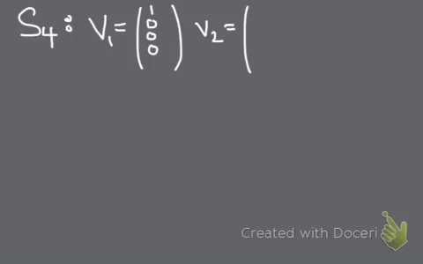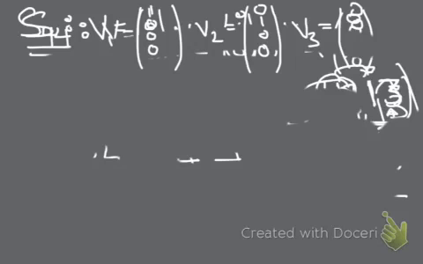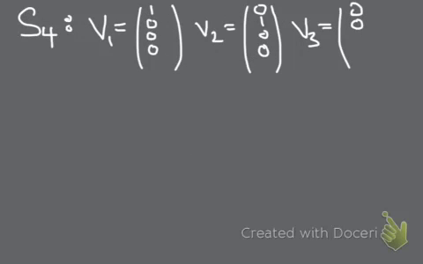And suppose now that there are 4 objects which are my vectors, 4 vectors. So v1 is equal to, let's define it as, 1 0 0 0. v2 is equal to 0 1 0 0. v3 is equal to 0 0 1 0.